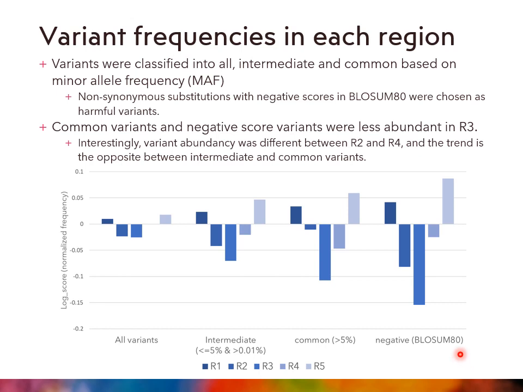And it is clear that the transmembrane region, R3 region, has less harmful or less common variant. And interestingly, when we focused on the R2 and R4 regions, for common variant and negative variant, there are differences between the R2 and R4, even though the R2 and R4 are the marginal region between the transmembrane and extracellular or intracellular regions.